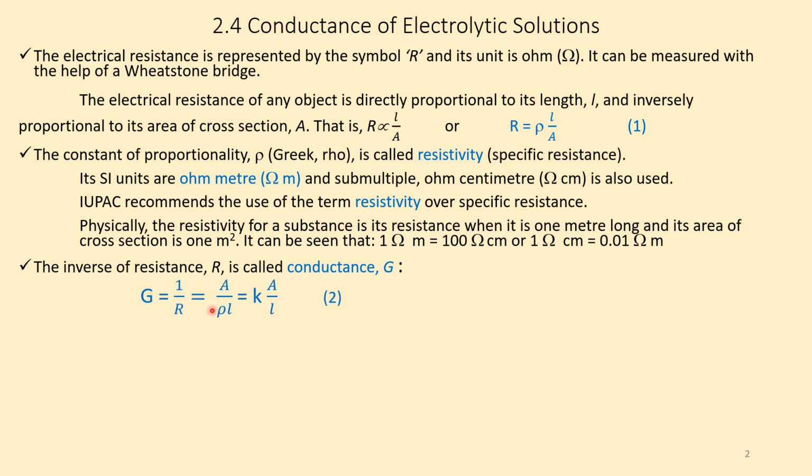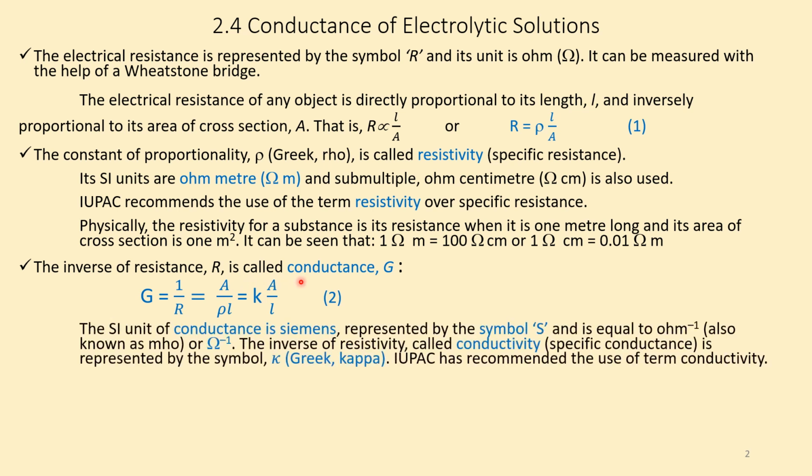The inverse of resistance, that is 1 over R, is called conductance and it is represented by the letter symbol G. Therefore, G is equal to 1 by R, the reciprocal of the resistance.